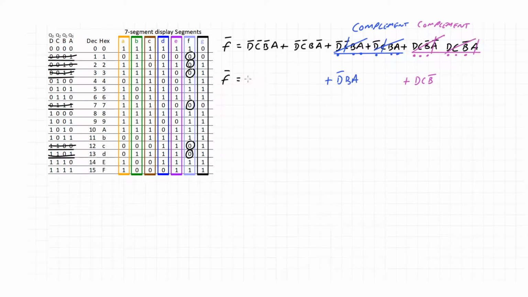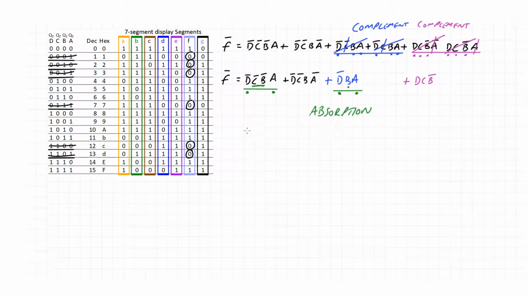Then include the other terms that we haven't touched yet. B, not A. We're looking for commonalities and differences. So in the first and third terms, we have not D and A as common factors, and we have B or not B, not C, I should say.